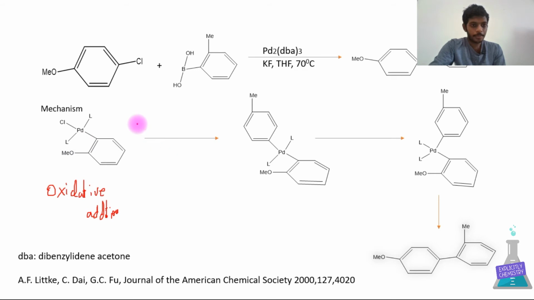In the oxidative addition, the organohalide complex is added here. You see, this Cl, which is X, is added here and this R1 group is added here in the trans position. The next step is the transmetallation.